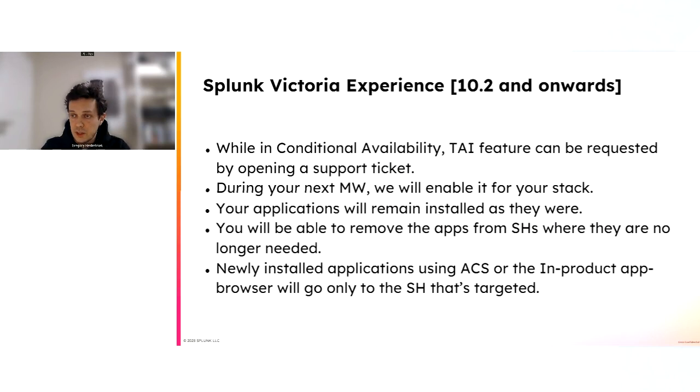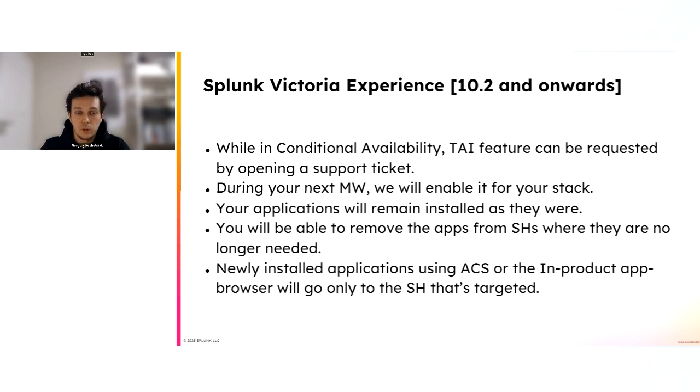So this is basically a feature behind a feature flag. You can request this feature by opening a support ticket. Immediately, nothing will happen. During your next maintenance window, whenever that's scheduled with your support team, we will enable this application for your stack.